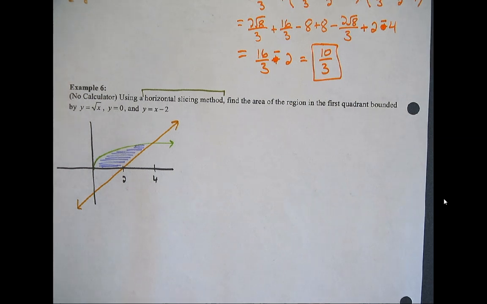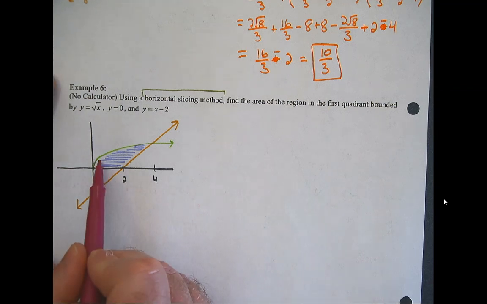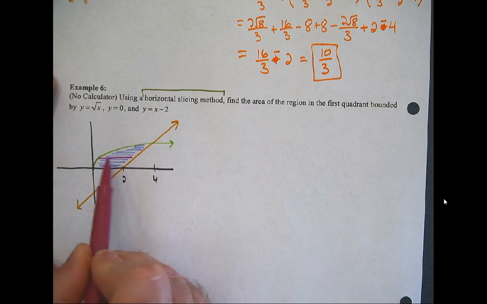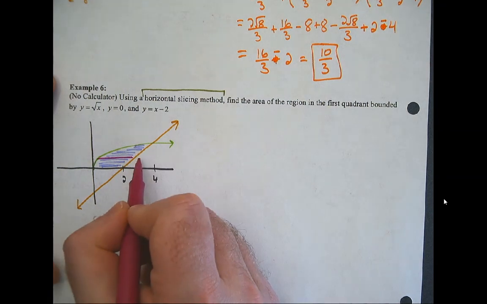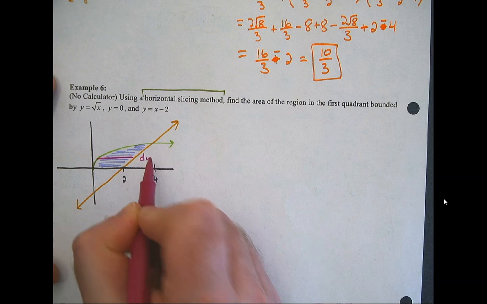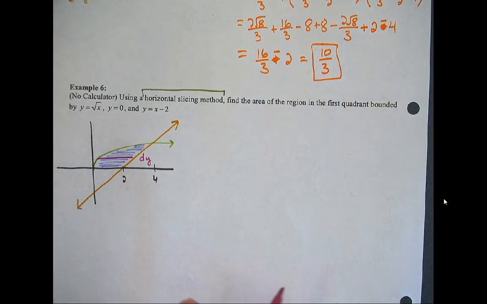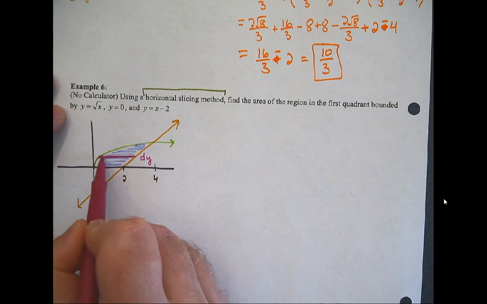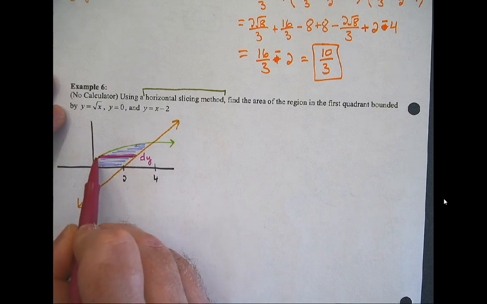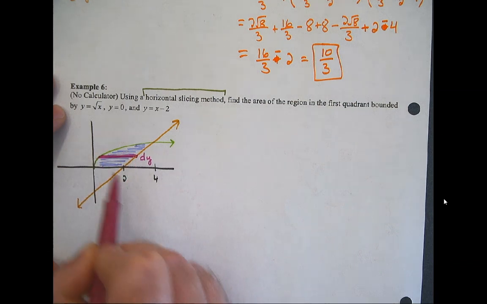But look at how we're slicing it now. I'm not going to slice this vertically. I'm going to slice it horizontally, which means I'm going to make a cut this way. That's going to have a width of dy, because that's now going in this little width here. I'm trying to draw some thickness to it, but that width is dy.